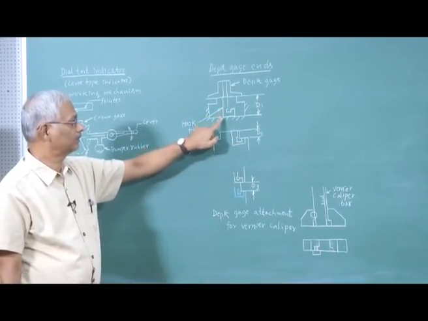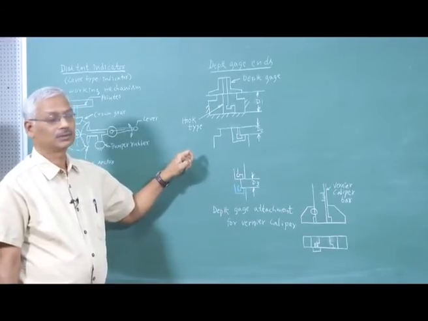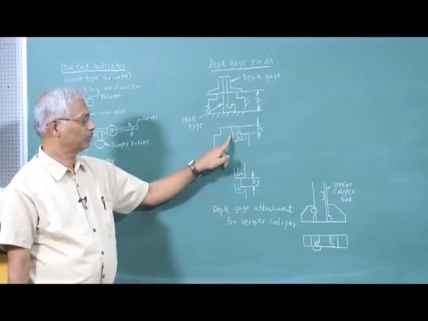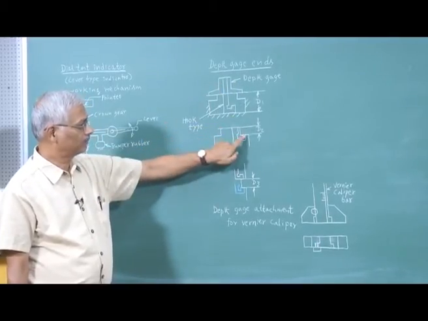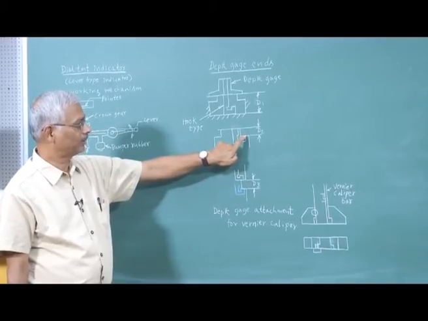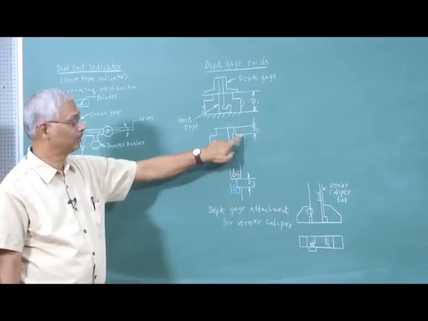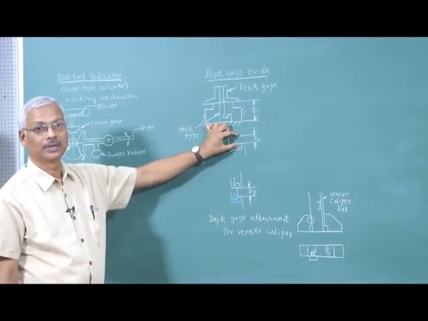So, there this hook type depth gauge will be of much use. Now, you can see here we have to move this depth gauge towards this end, and then we have to lift this end, so that this end comes in contact with the workpiece under surface, inside surface, and then we can directly read this depth D2.